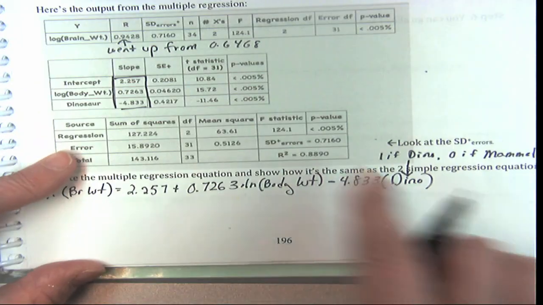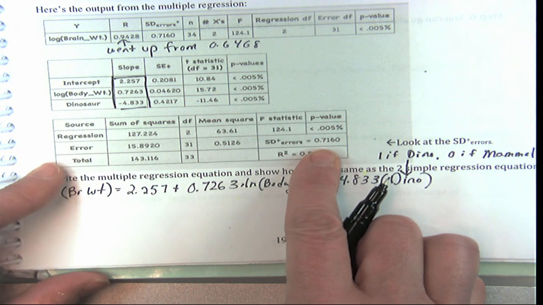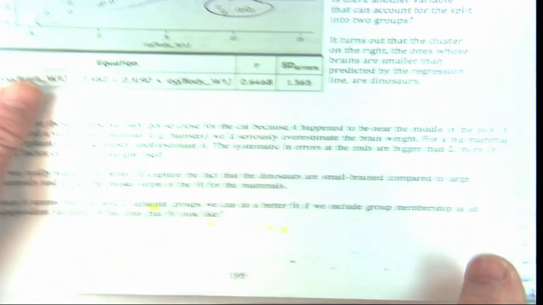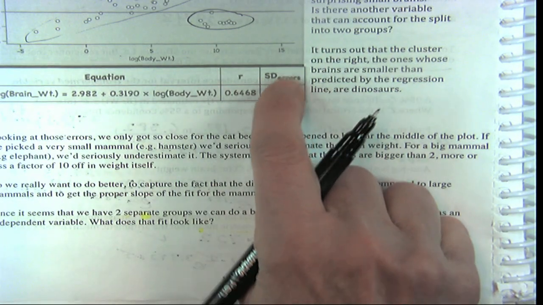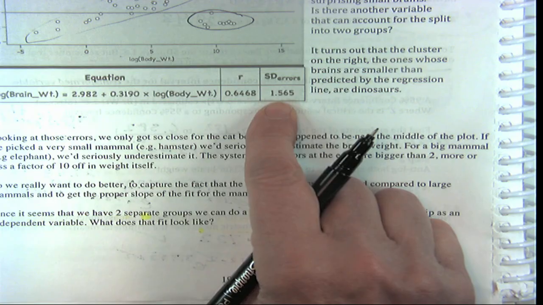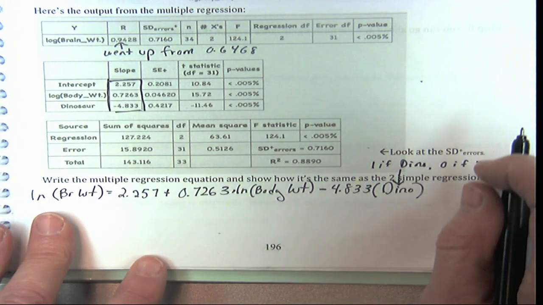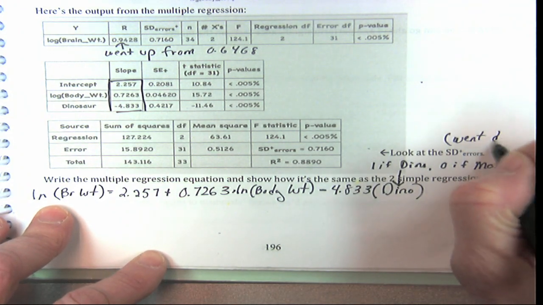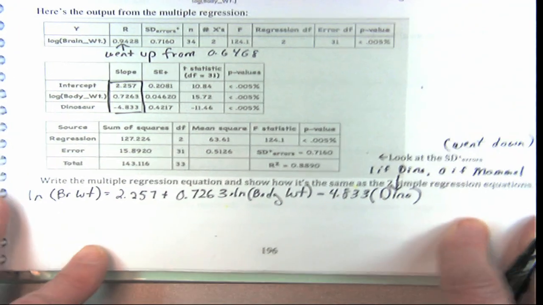So that's nice. And this went down. This was SD errors, but it would be slightly bigger if it was SD plus, but it went down quite a bit. It improved it. So these went down. So we have a better model. We clearly have a better model.